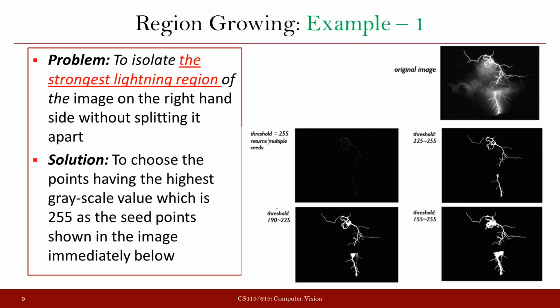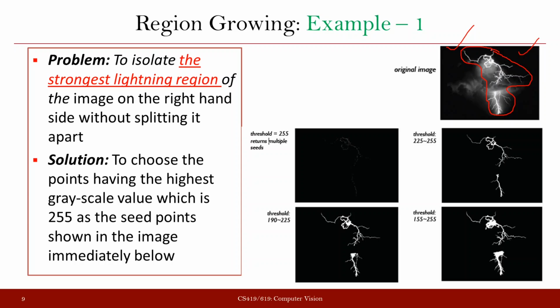Again, this technique is applicable at a few places. For example, consider a scenario where our objective is to isolate the strongest lightning region in this particular image. That means we want to segment this lightning part of the image.